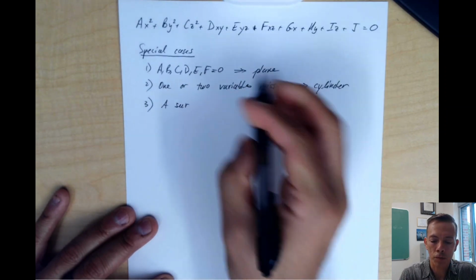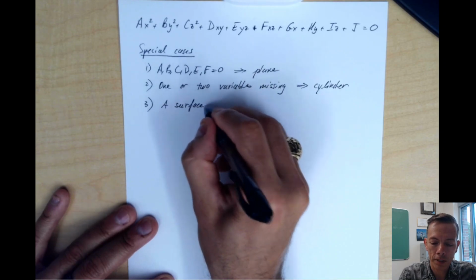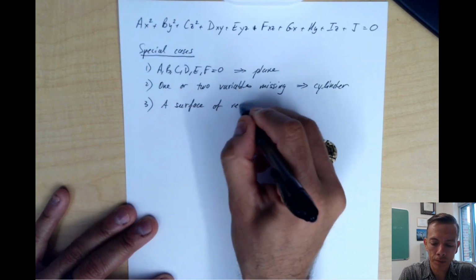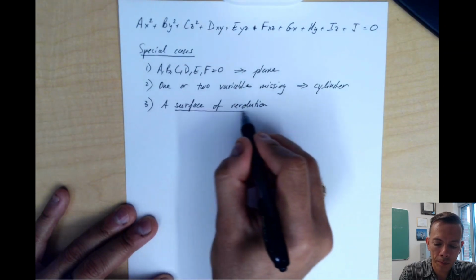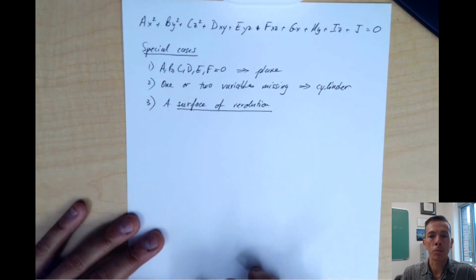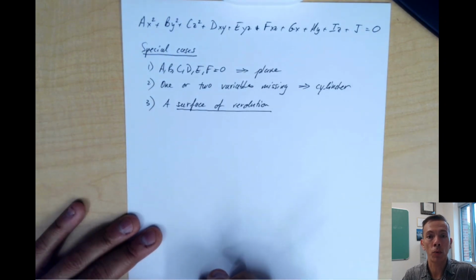Some of these surfaces are called surfaces of revolution. A surface of revolution is obtained by rotating a curve around an axis.